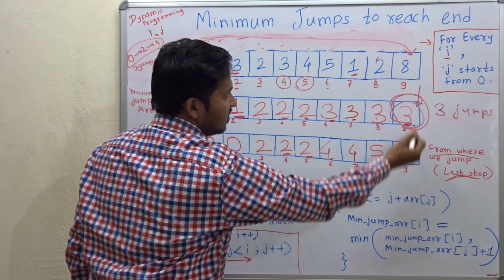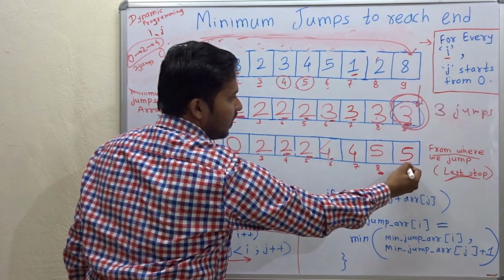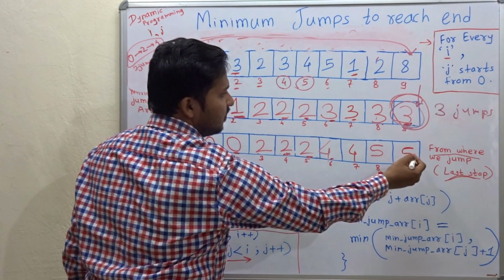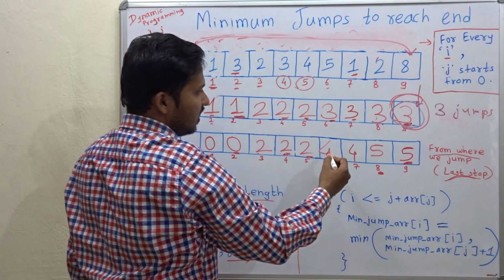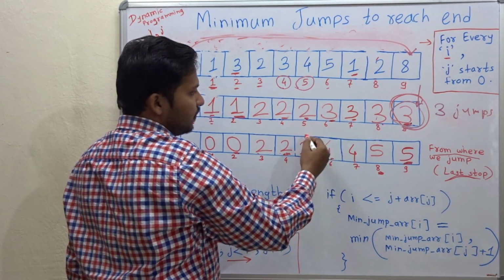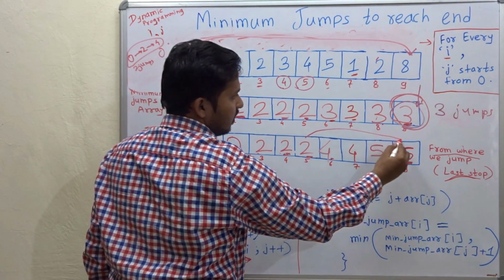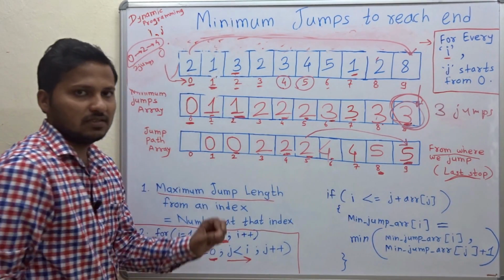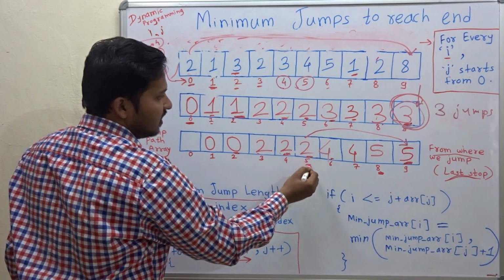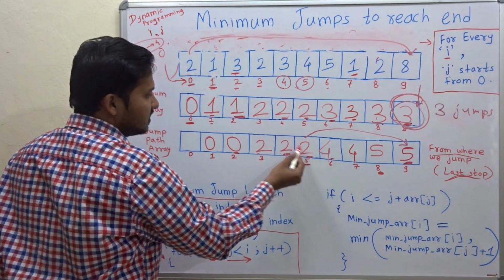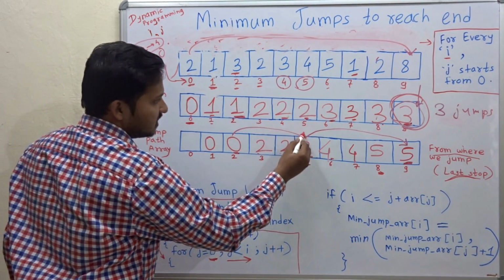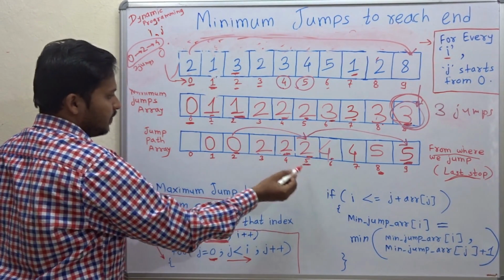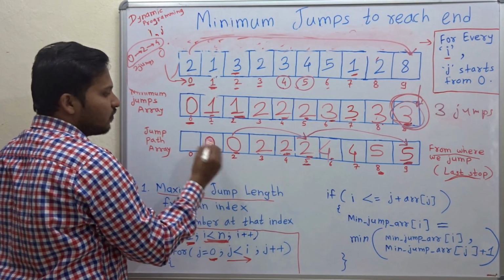See, at the 9th index, from where did we jump? From the 5th index. So we jumped from the 5th index to the 9th index. And to the 5th index, from where did we jump? From the 2nd index. So from the 2nd index we came here. And for the 2nd index, from where did we jump?